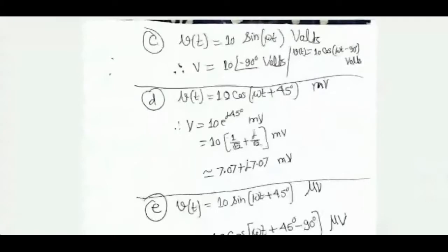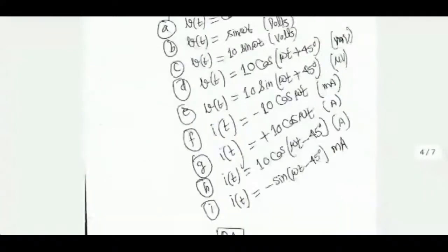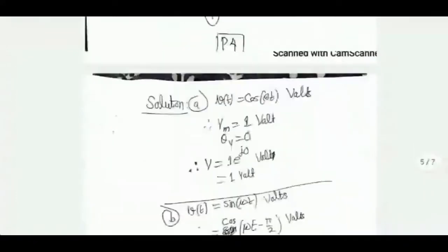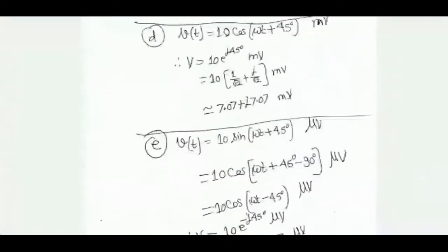Oh yeah, the units I think for D were millivolts. Yeah, it's in millivolts. So the phasor is also going to be in millivolts. And you can simplify it in the rectangular form. The phasor actually turns out to be 7.07 plus j 7.07 millivolt approximately. In case of E, you have a sinusoidal signal, so you convert it into a cosine signal before generating the phasor.